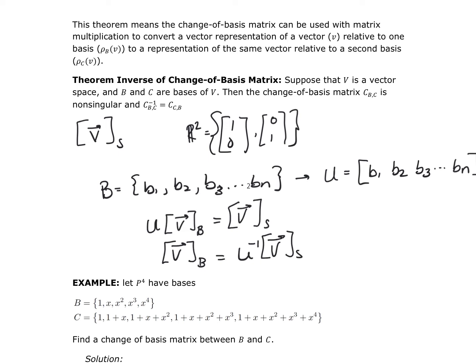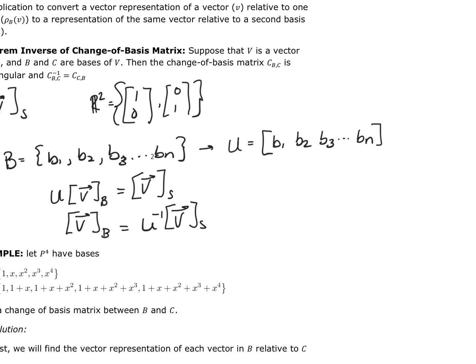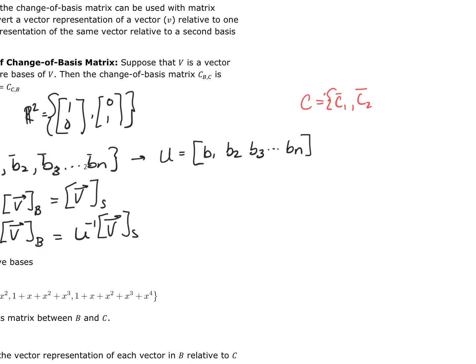Cool. Now, I'll do this with C. If I say C is another basis, which has the vectors, and these are all vectors, by the way, it has C1, C2, C3, all the way up to Cn.